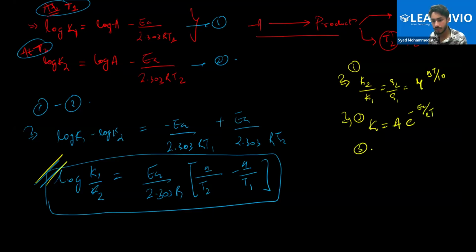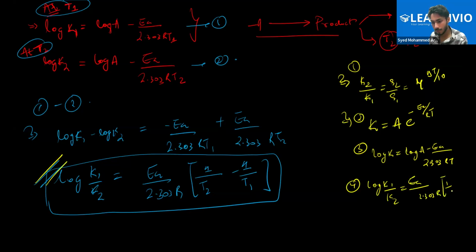The third formula is log K equals log A minus Ea upon 2.303 RT. And the last formula is log K1 upon K2 equals Ea upon 2.303 R into 1 upon T2 minus 1 upon T1. Okay, so this is the last formula. Understood? So we have completed this chapter.